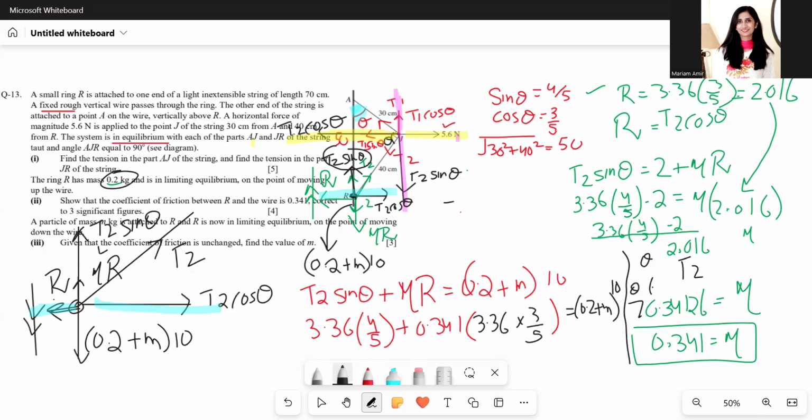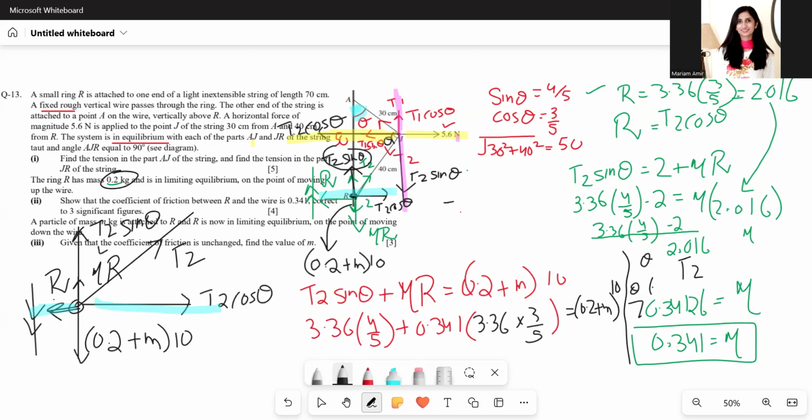Okay, the only unknown here is m. Let's find it out. So we have 3.36 times 4 by 5 plus 0.341 times 3.36 times 3 by 5. That is so many numbers.